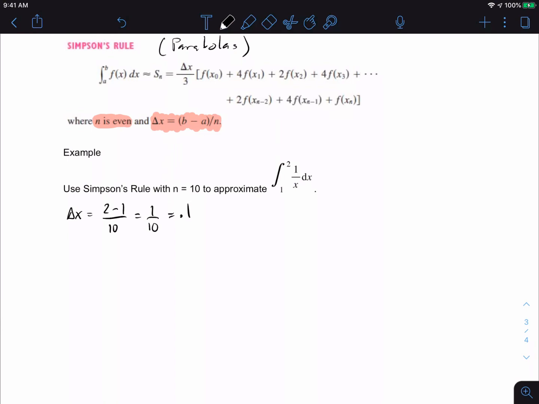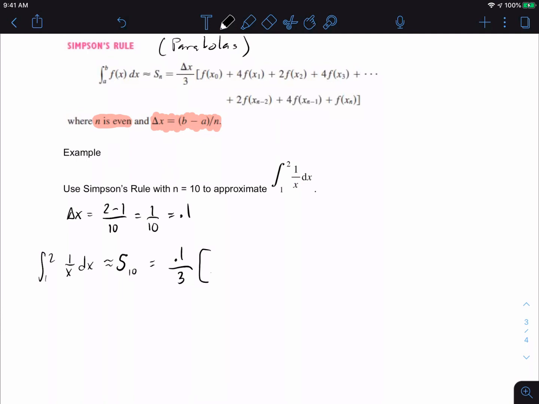Now, since we have these values, we can go ahead and try to do this. So the integral from 1 to 2 of 1 over x dx is going to be approximated by using Simpson's rule. That kind of looks like an integral, I should make a better S. Okay, and so what that's going to be is delta x over 3. So my delta x is 0.1 over 3.